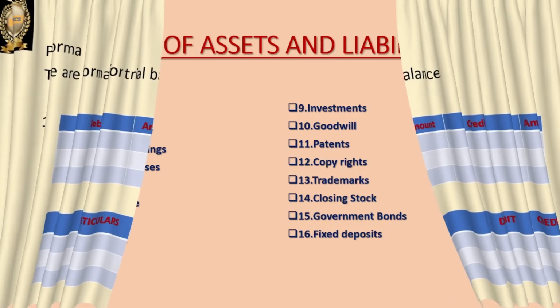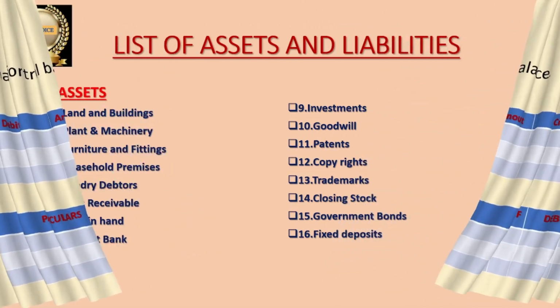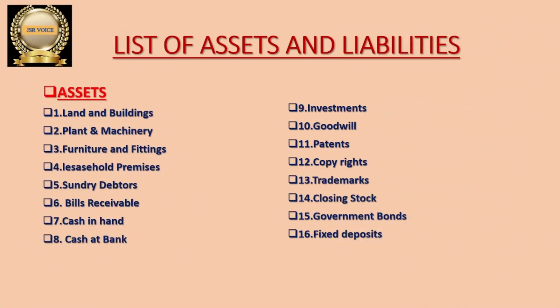Let us go and see what are actually assets and what are liabilities. Let us take the assets list. I'll read the assets. These all are assets for the business, students. You remember the list so that it will become very easy for you to prepare the trial balance.